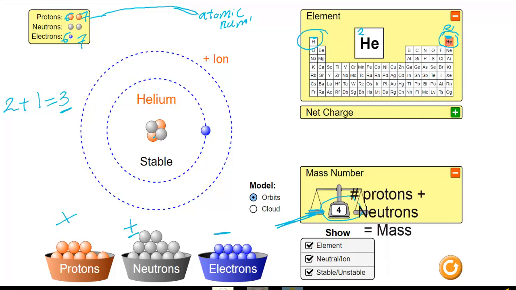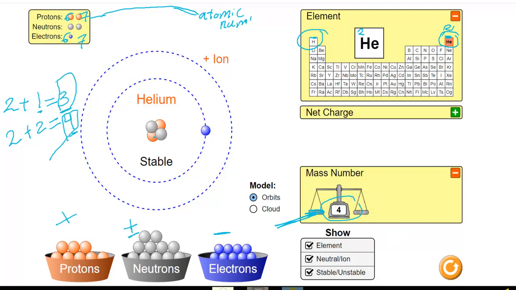So helium can have 2 protons plus 1 neutron, and then the mass number will be 3. Or it can have 2 protons plus 2 neutrons, and then the mass number will be 4. So the mass number for helium can be 3 or 4.